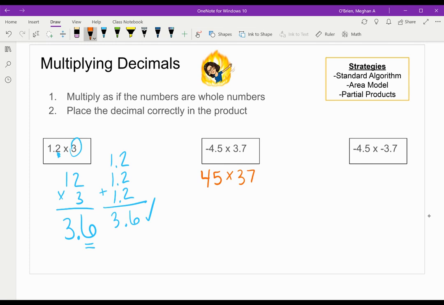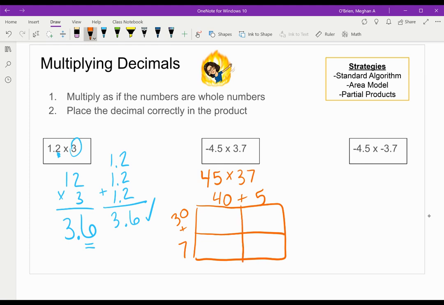I'm going to use the area model for this, for those of you who might use the area model. One factor is 45, so that's a 40 and a 5. The other factor is 37, so that's a 30 and a 7.